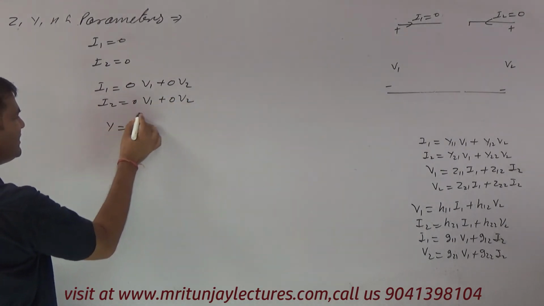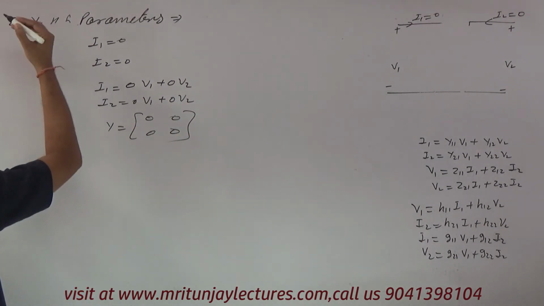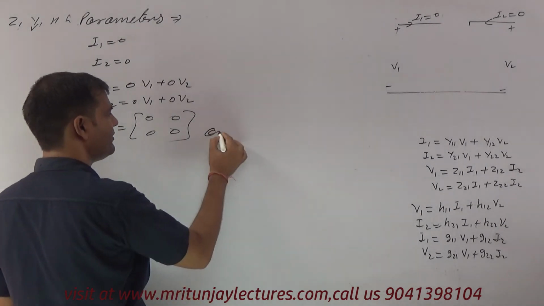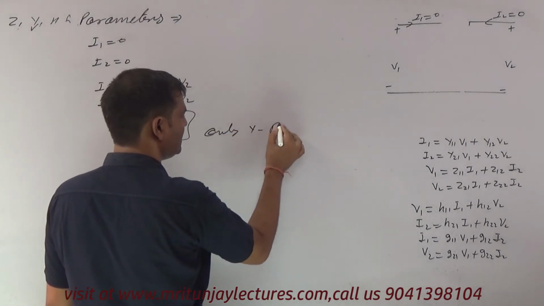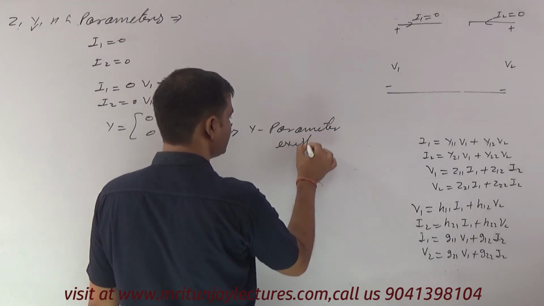So Y parameters exist, 0, 0, 0, 0, and Z parameter does not exist. So only the Y parameter we got corresponding to this one. Clear or not? Very clear.